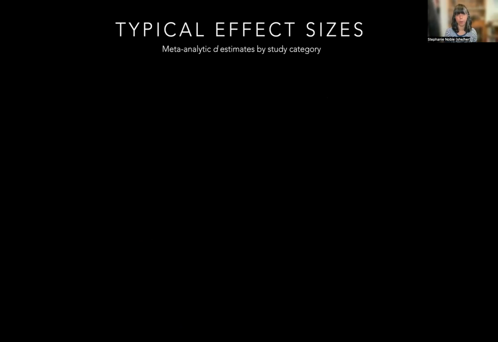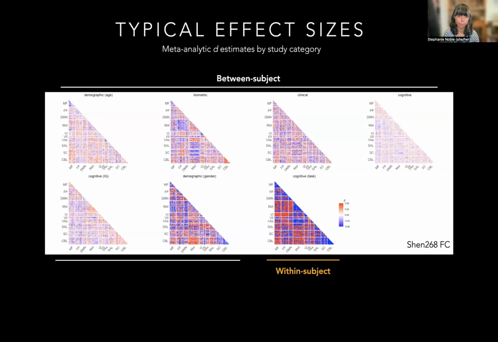Now we're going to look a little bit more at the spatial distribution of some of these effects. So here are just maps for a meta-analytic estimate of Cohen's d for those studies that we processed with the Shen Atlas.